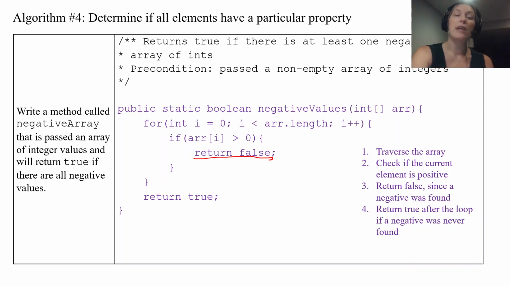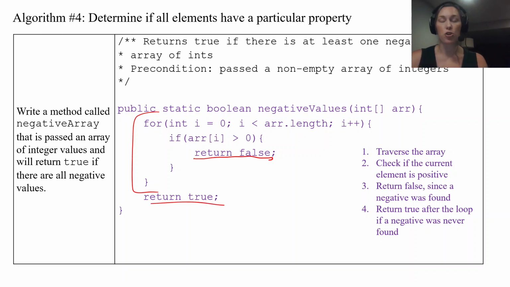Okay. If we go through the whole array and we don't find a single positive, we return true, meaning that all of the integers were negative. Okay. And that's just how I wrote that algorithm. Okay. There could be several other ways to write the same algorithm and have it accomplish the same thing.